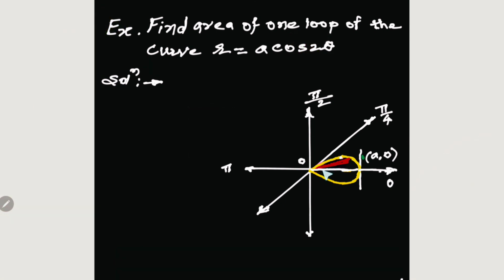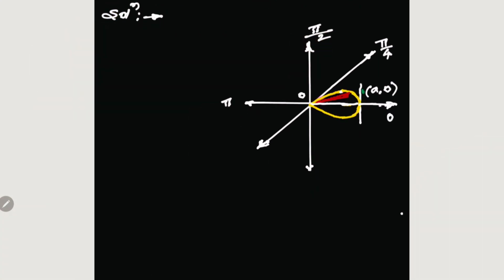Then, as it is the problem of area for a polar curve, area is given by the double integration of r dr d theta. That is the equivalent of dx dy.